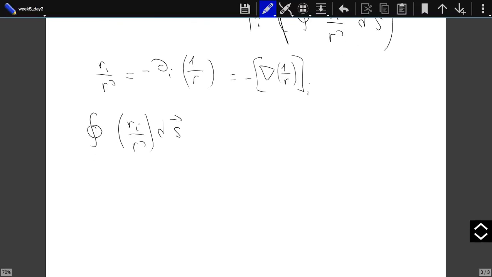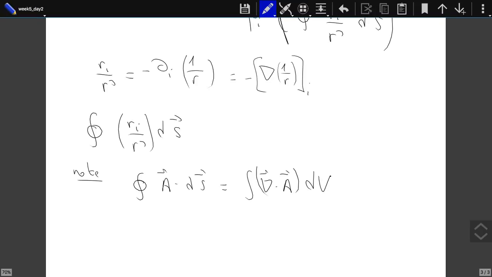If it was a vector field, A dot dS, this would have been the divergence of A integrated over the volume.